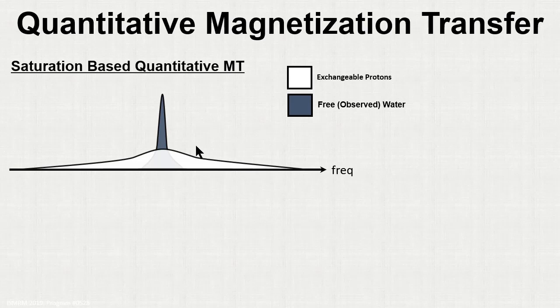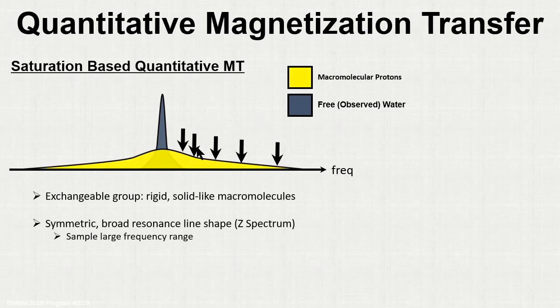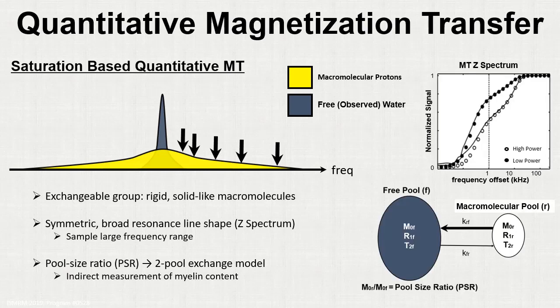With saturation-based quantitative magnetization transfer, we provide RF irradiation along multiple spots on the semi-solid line shape at many offset frequencies, and we sample this broad line shape in different ways. When we do this, we generate what's called a Z spectrum, which is a normalized signal as a function of offset, and we see the saturation spectrum here.